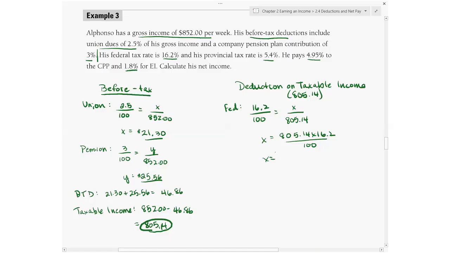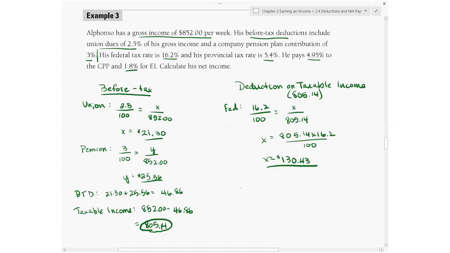He's paying $130.43. Anyways, just so I don't forget it.